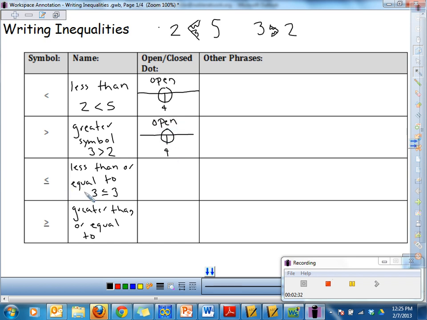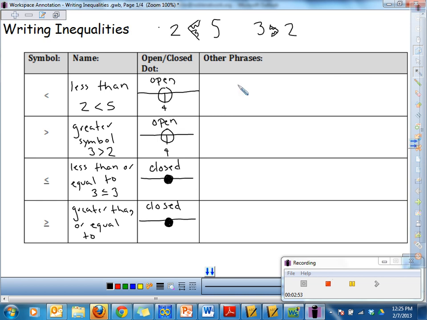When it is less than or equal to or greater than or equal to, we use a closed-in dot. So we fill the dot in. These are both closed dots. It's really important that you remember, do we use an open dot or do we use a closed dot?